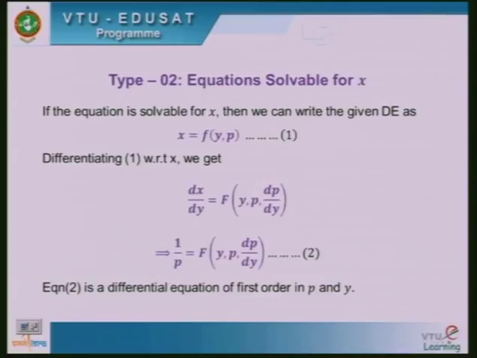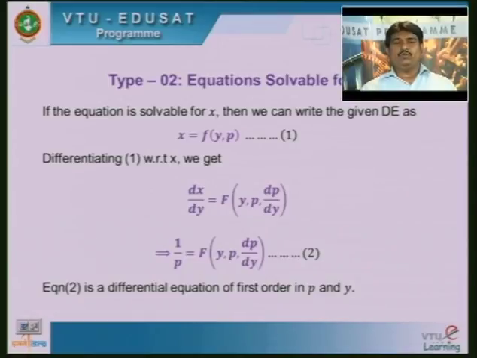You differentiate that with respect to y to get dx by dy equals to some function of y, p and dp by dy, and you know that dy by dx is p, so dx by dy becomes 1 by p. So equation 2 is 1 divided by p equals to some function of y, p and dp by dy.